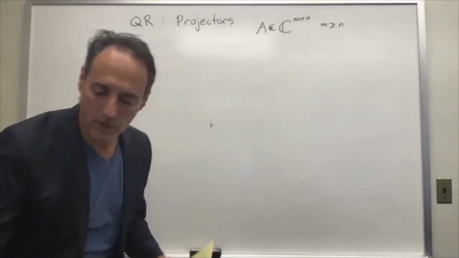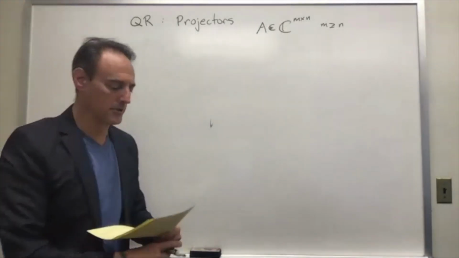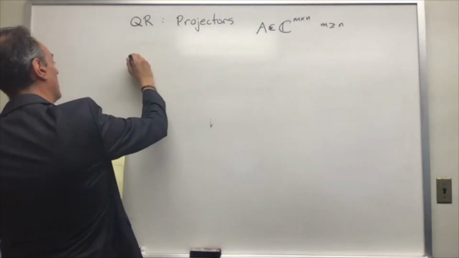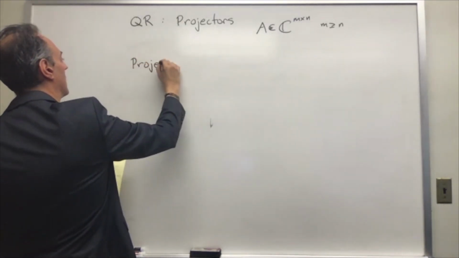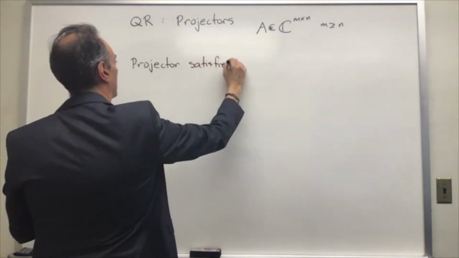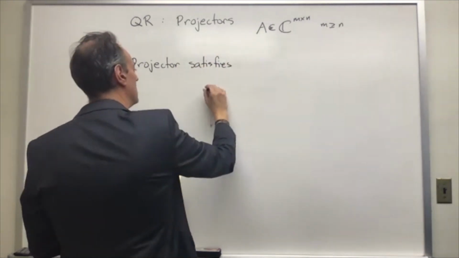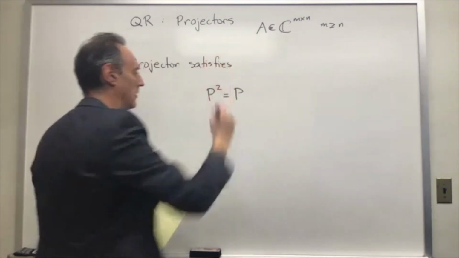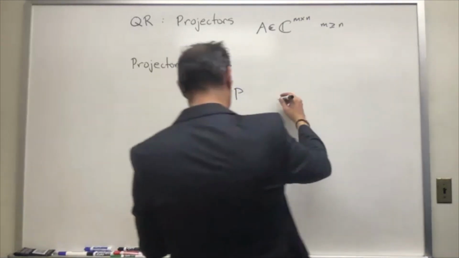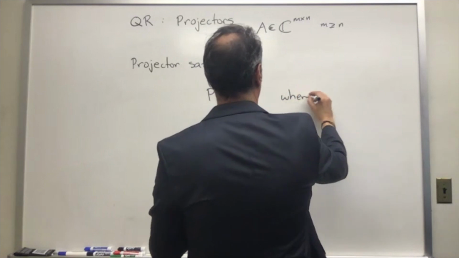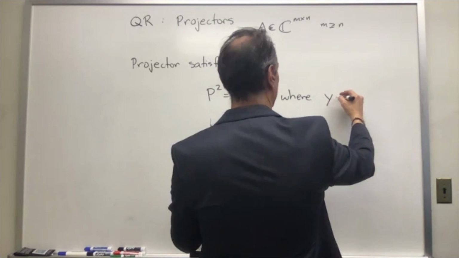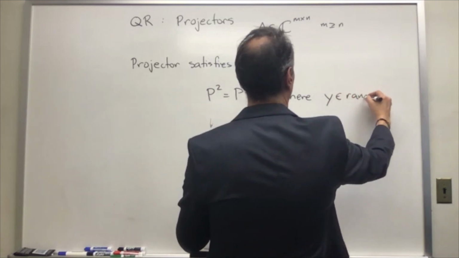Okay, so let's talk about properties of projectors. So a projector satisfies the following property: P squared is equal to P, where we're going to consider some vector y, for instance, that's in the range of P in a moment.